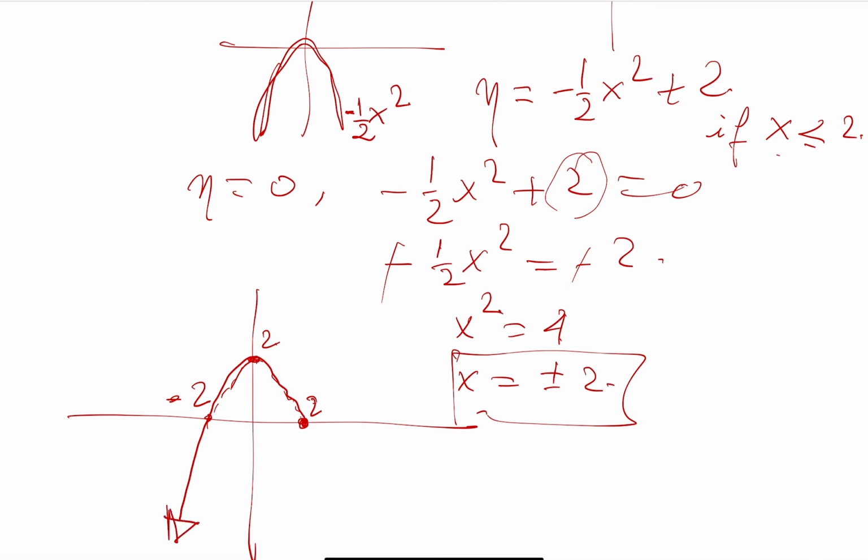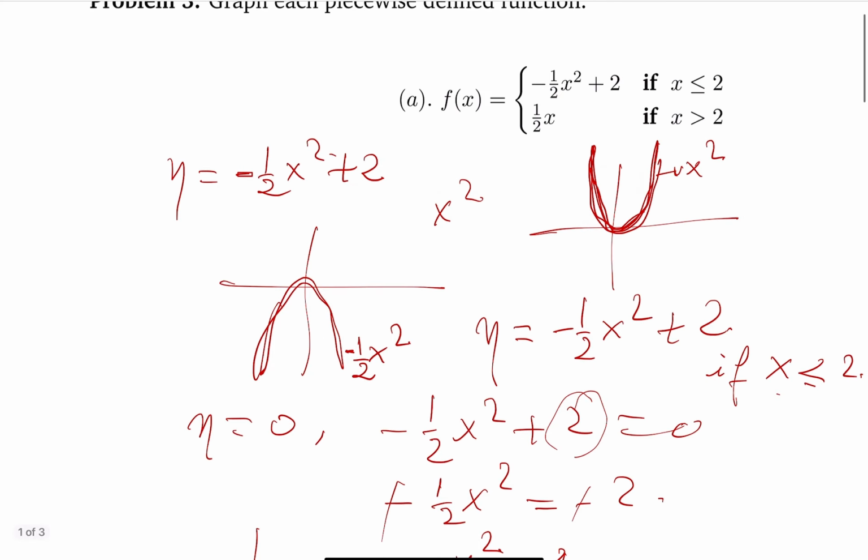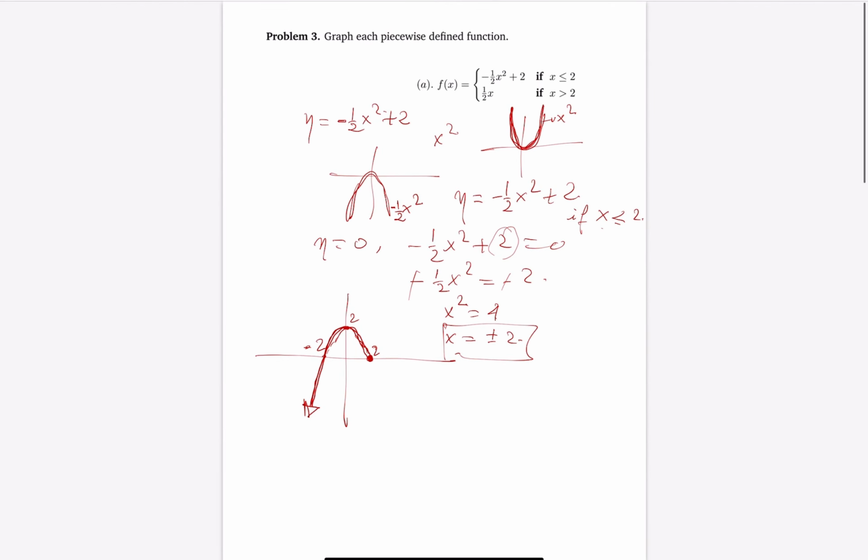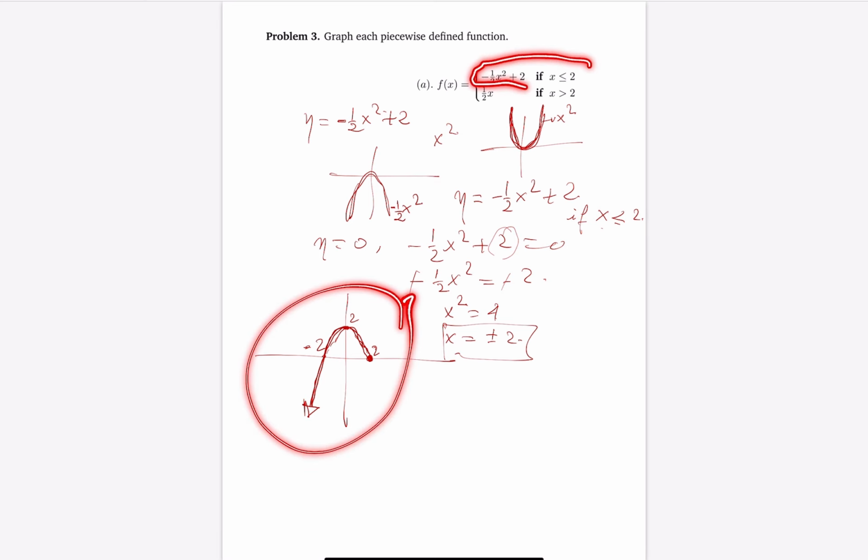If you don't put the arrow, it's wrong. The graph will look exactly like this, and that is just the first one.